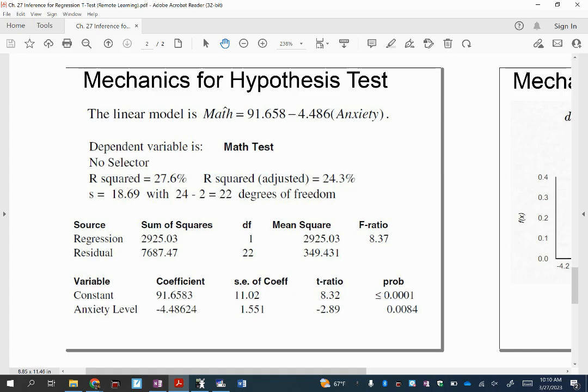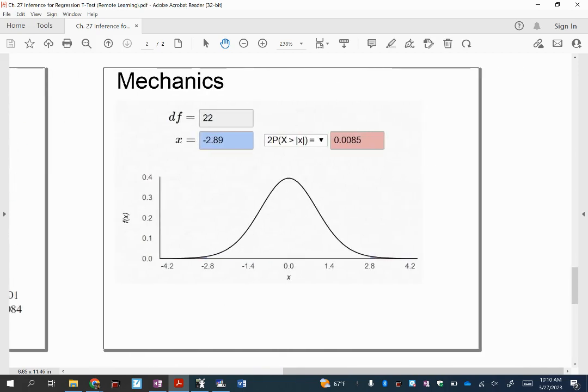All right, so I think we're ready for the mechanics one. You can draw a sketch, just a little quick t model here. You'll notice this is two-tailed. It's kind of hard to see, but if you look, there's a little bit of shading going on, the left tail and the right tail. I know it's really small, because, hey, the p-value is small.